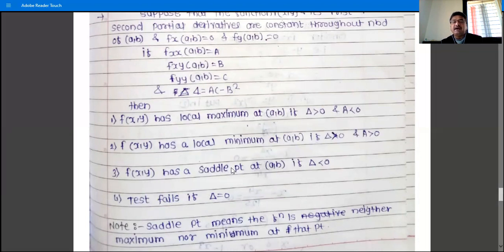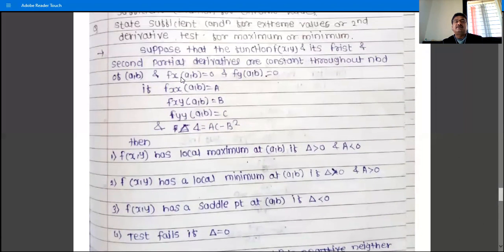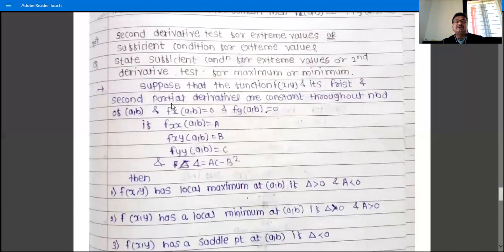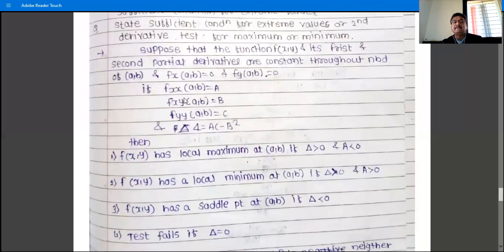So f(x,y) has a saddle point at (a,b), that is, has neither minimum nor maximum at (a,b), if delta is less than 0. And if delta is exactly 0, then the test fails. That is, this second derivative test, also called the sufficient condition, fails for that example.